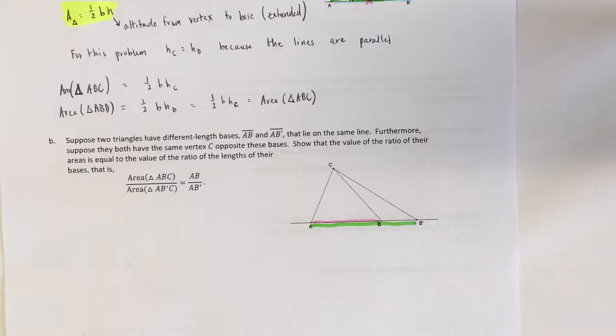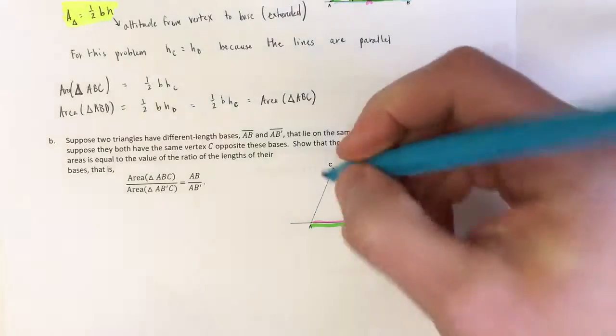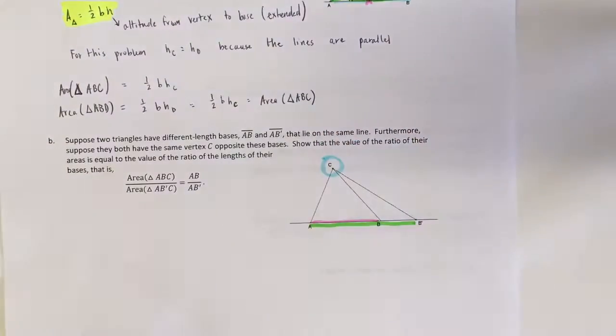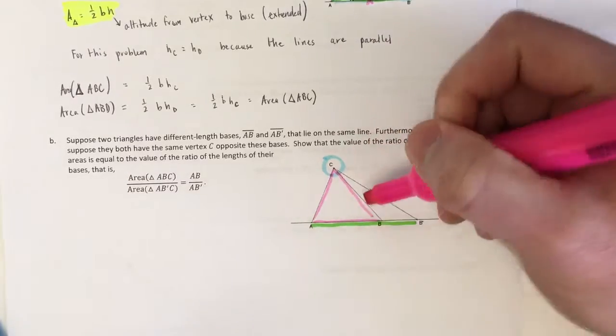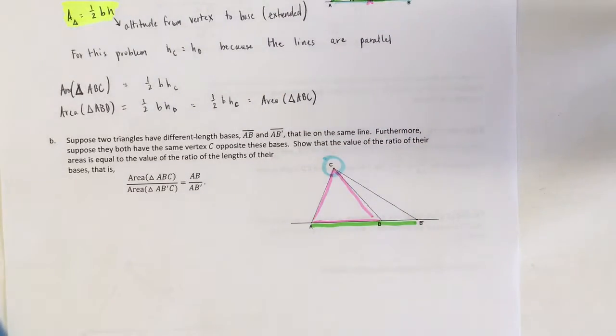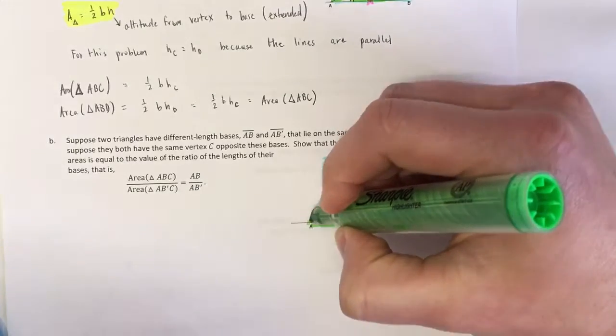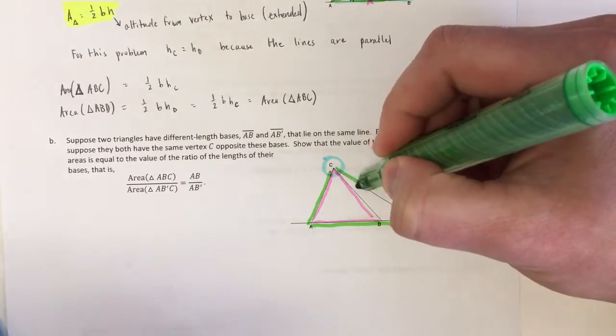And they both have the same vertex C. So you do have to read these questions to make sure you completely understand. And so if I'm comparing the areas of the triangles, I'm really looking at the pink area versus the green area.